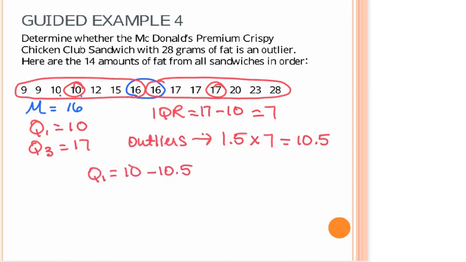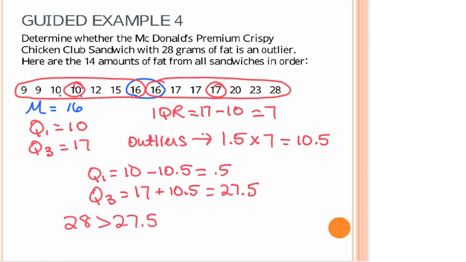So we know there's no lower outliers. Now above quartile 3: 17 plus 10.5 is 27.5. So because 28 is greater than 27.5, 28 is an outlier. And we do not include it in our data when we are figuring out means and medians.